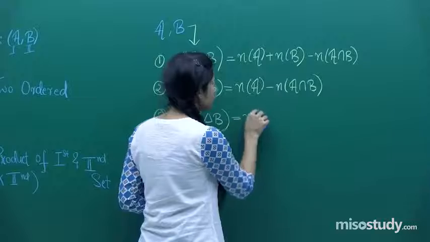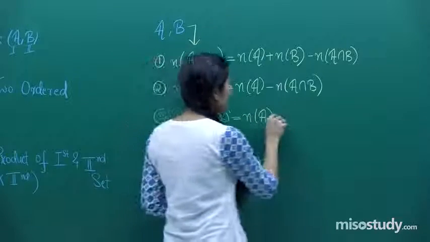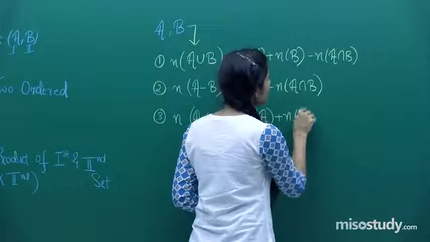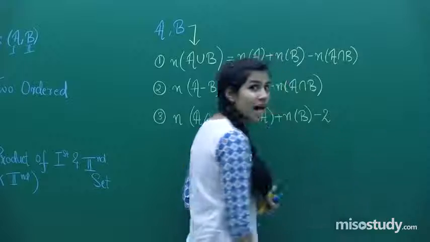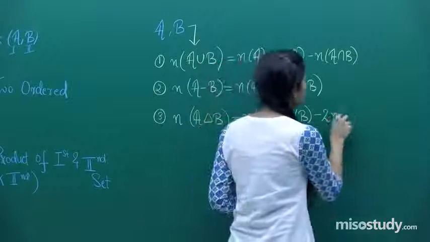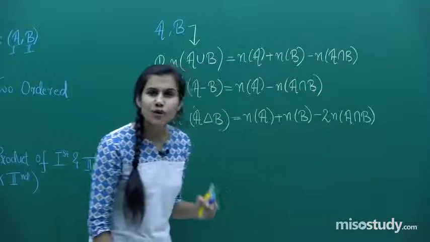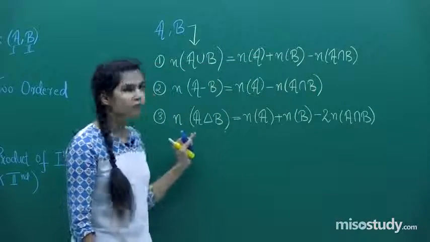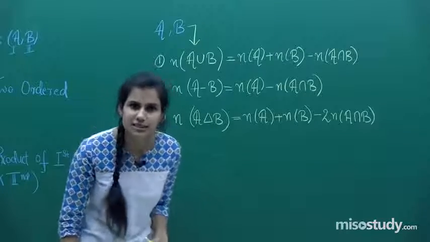Well, I don't need to do anything. I am just going to take the number of members in set A, added the number of members inside the set B, and subtract 2 times the number of members in the set A intersection B. This was the very formula used to find out how many elements are sitting inside the symmetric difference.